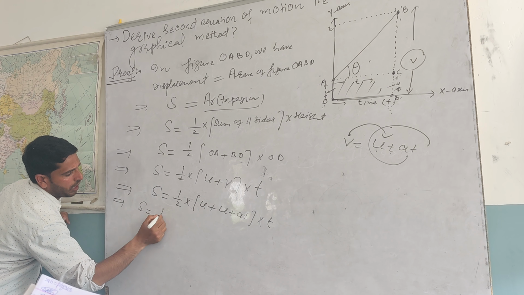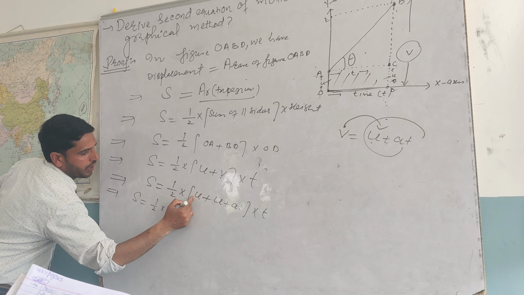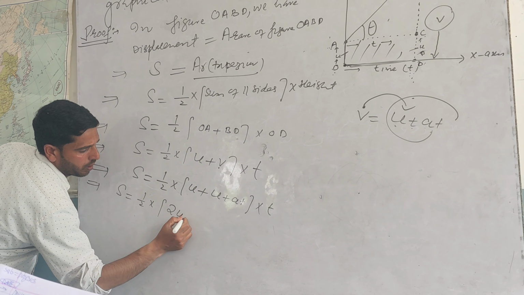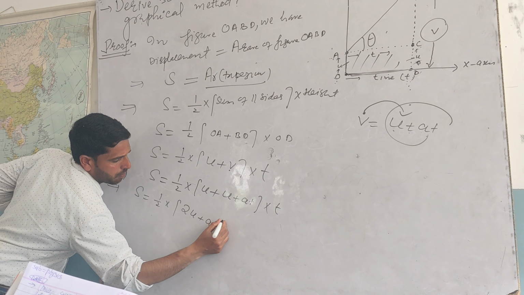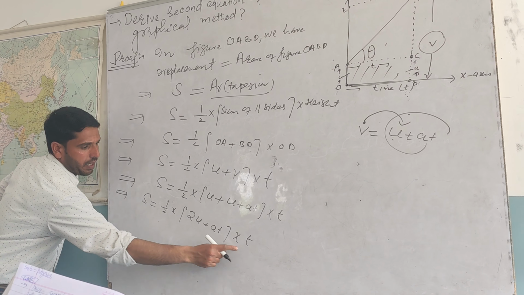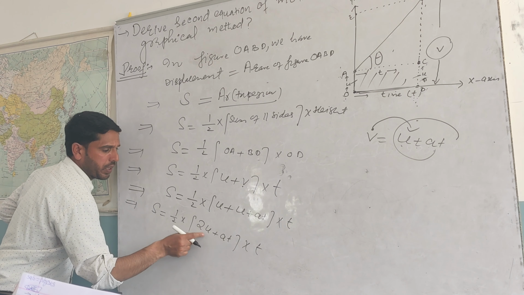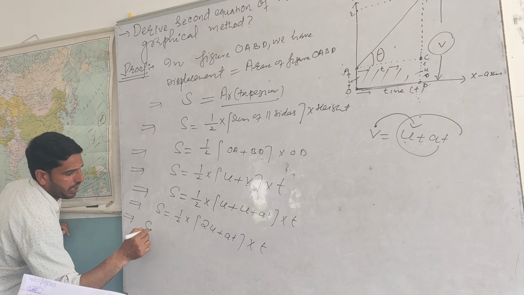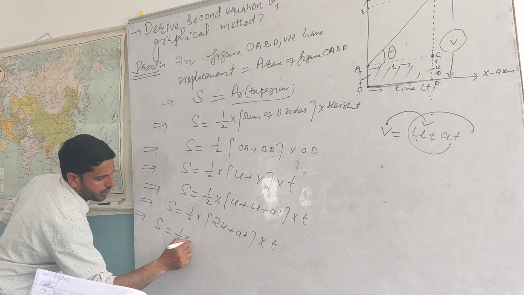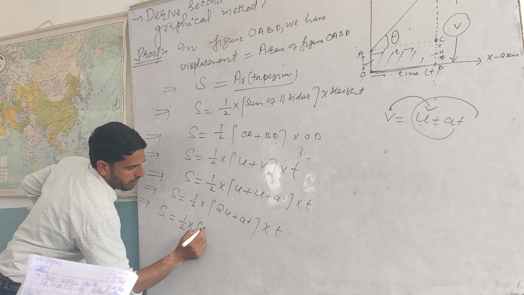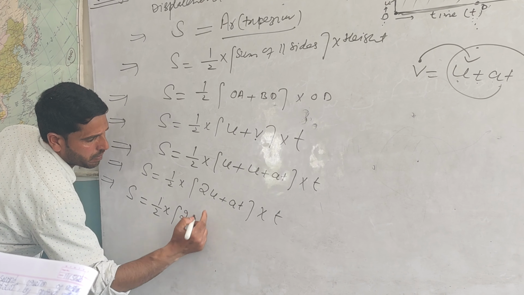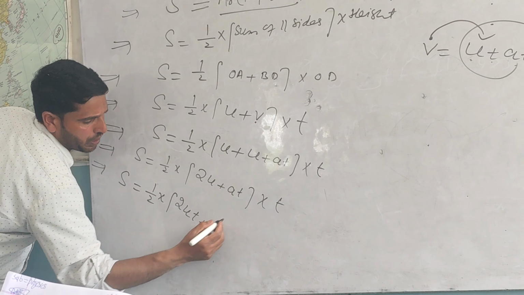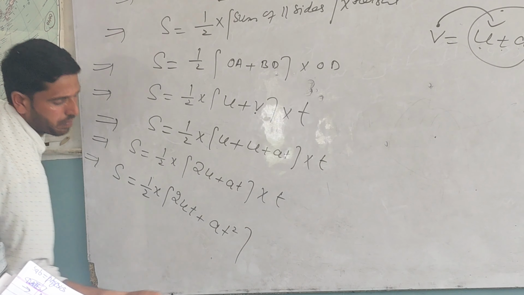S as it is, 1/2 as it is, into u plus u, 2u, plus at, multiplied by t. Now what to do? Multiply this t with this and with this. So it becomes S = 1/2 into 2ut plus at².